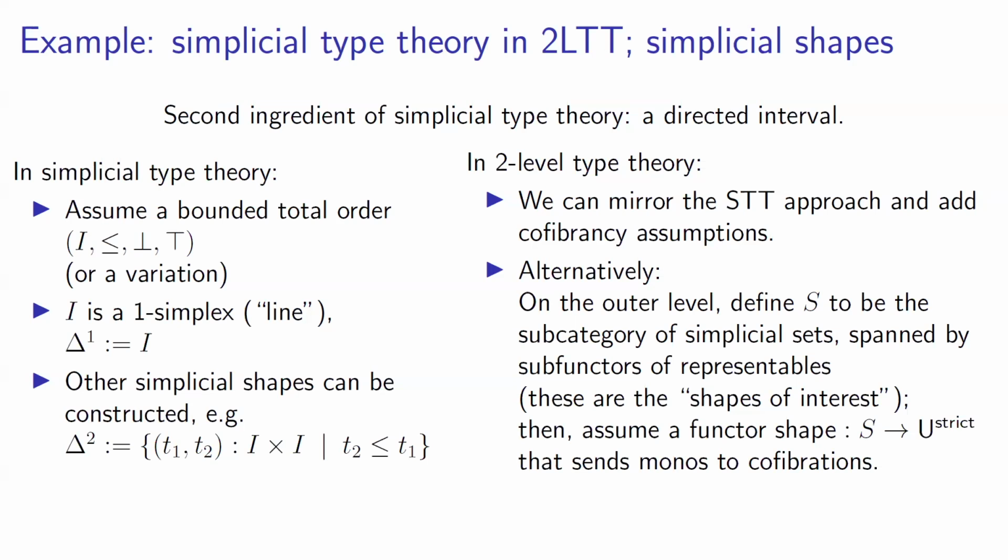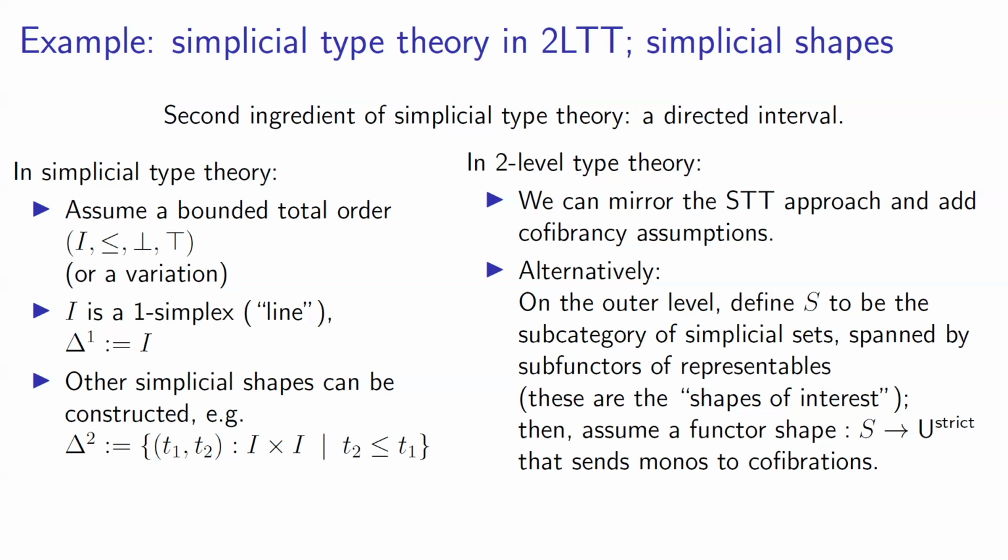And then from this, we can encode all the simplicial shapes that we want. For example, this bounded total order comes with an interval directly. So this interval already is one of the simplest simplicial shapes that we probably want. And then from this, we can build up more complicated shapes, like all the k-dimensional triangles or also boundaries of k-dimensional triangles.